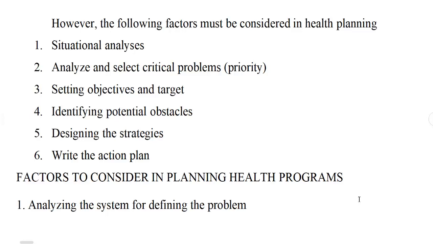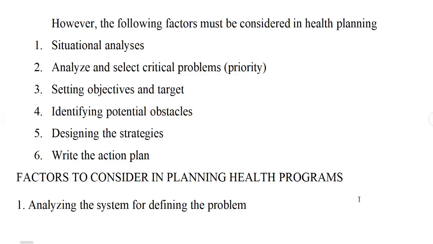So after that, there must be selection of critical issues, like priorities should be given to those conditions that are highly dangerous to the health and well-being of the people. Then besides that, there must be objectives and targets. This simply means that the setting of the objectives and what that objective intends to achieve must be identified.